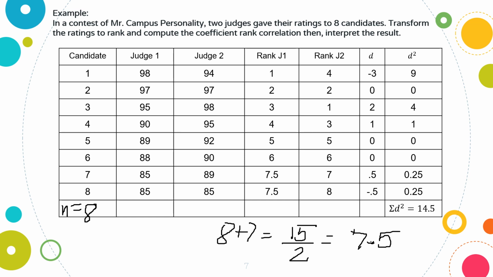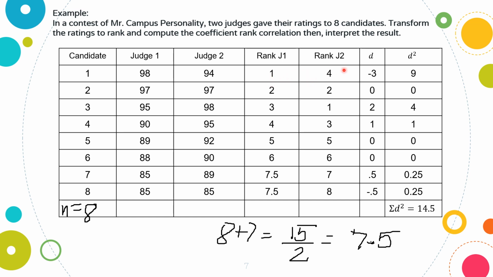Kung mapapansin nyo, class, parang dito lang sa 1, 2, 3, 4, nagkatalo yung ranking ng dalawang judge. So, let's have the difference now of the rank of the scores of the judges between Judge 1 and Judge 2.